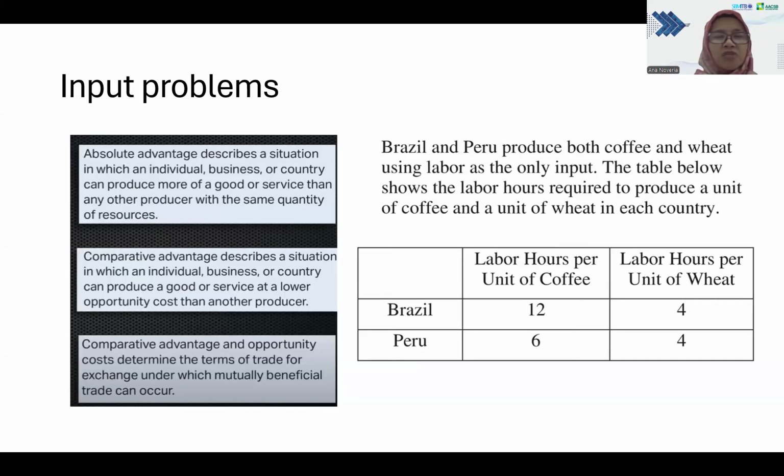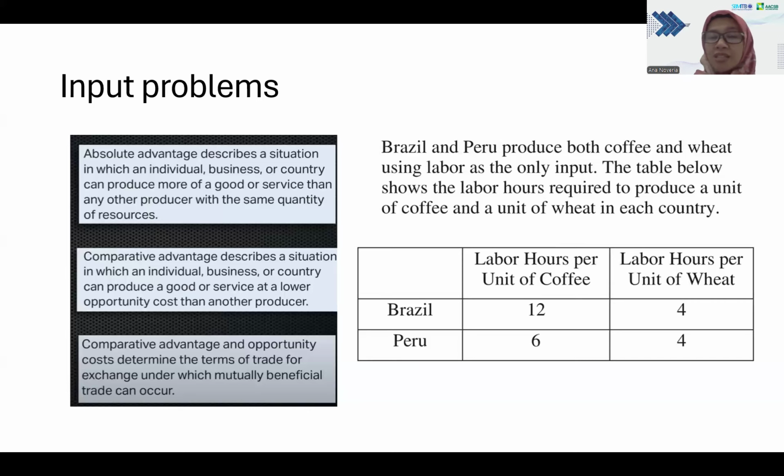And the second concept is comparative advantage. That's the concept brought by David Ricardo. The comparative advantage shows the benefit of trade. Comparative advantage is when a person, business, or country can produce a good with less opportunity cost.